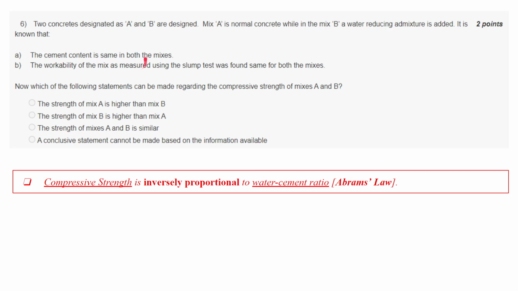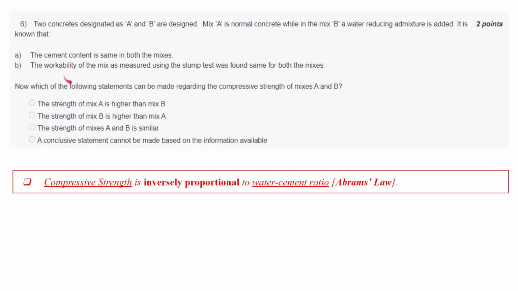Here it is written that the cement content is same in both the mixes. So that means in both the mixes the cement has not been changed. The total cement content is similar even after using admixture.